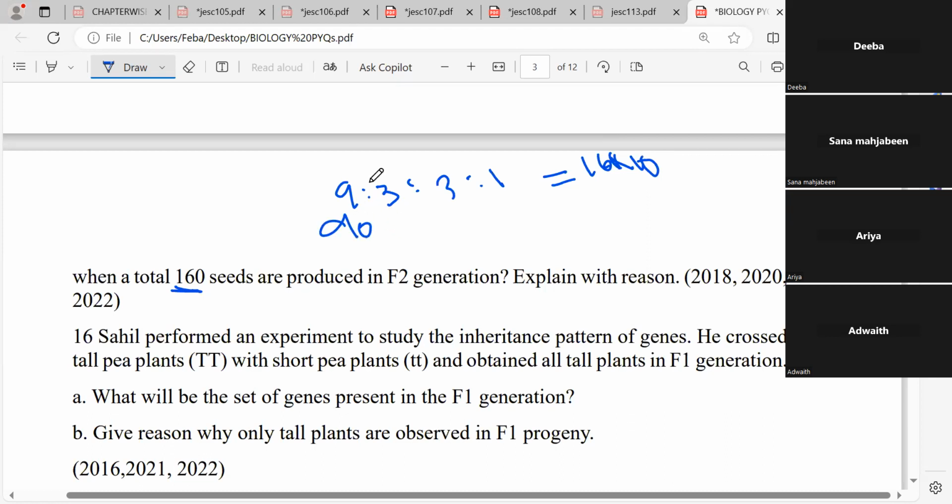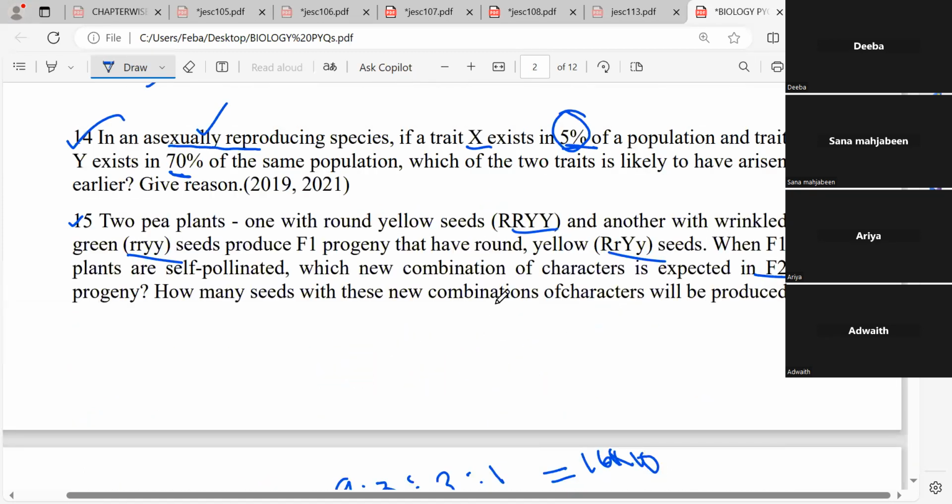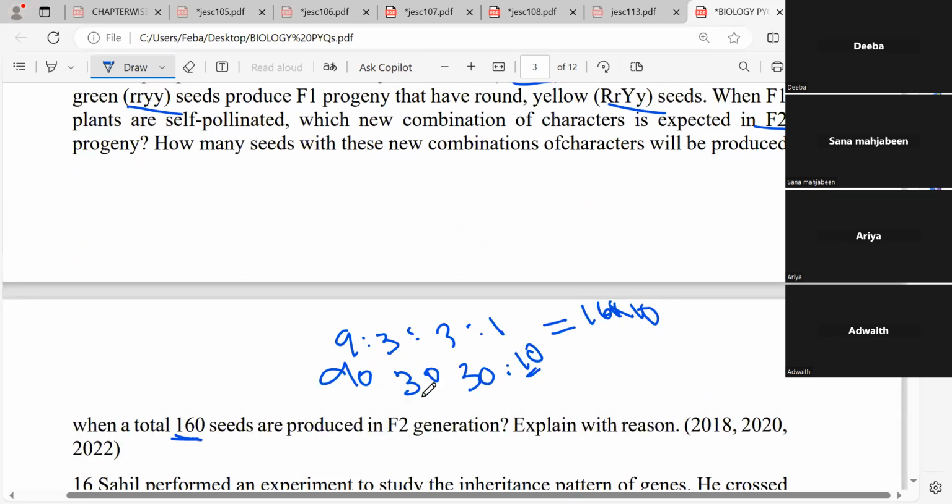So 90 with round yellow, 30 with a new combination, another 30 with a new combination, and then recessive ones are going to be 10, right? Becomes 160. So how many of them are going to have these new combinations of characters? 60 individuals are going to have new combinations of characters.